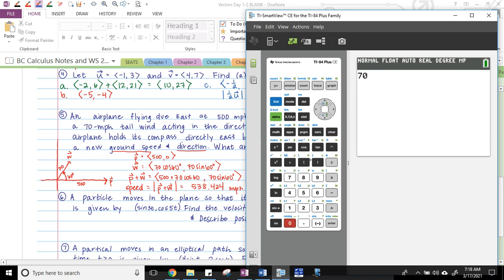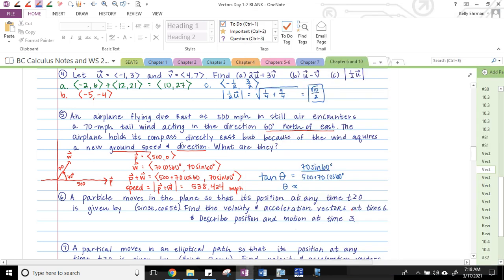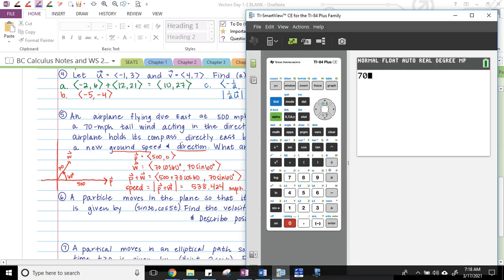I'm going to do the work first. 70 sine of 60, I guess I could save myself typing by just putting in radical 3 over 2, but that's fine. Divided by 500 plus 70 cosine of 60, because that's just a half.